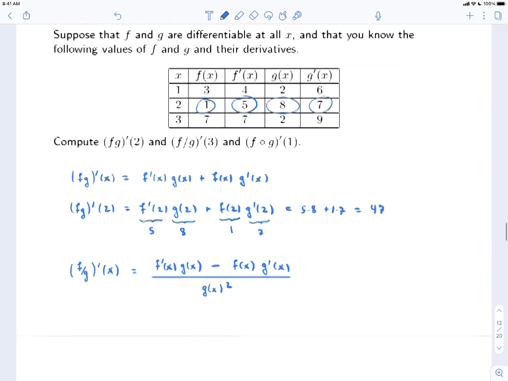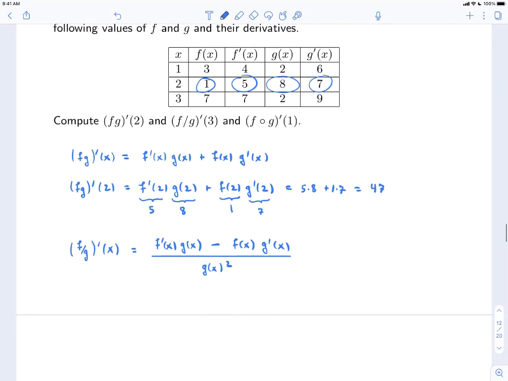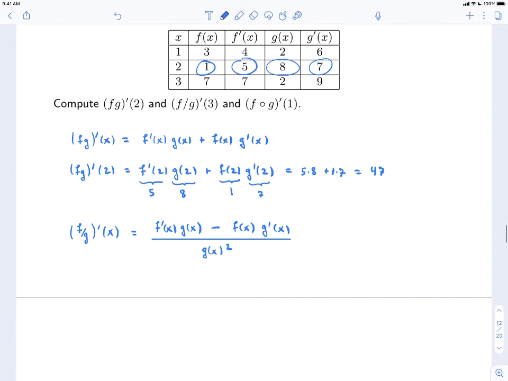And again, we don't want this at an arbitrary x, we want it at x equals 3. So we're just going to plug in x equals 3. So that will give us f over g prime at 3. We'll have f prime at 3 times g at 3 minus f at 3 times g prime at 3, and all of this is divided by g at 3 quantity squared.